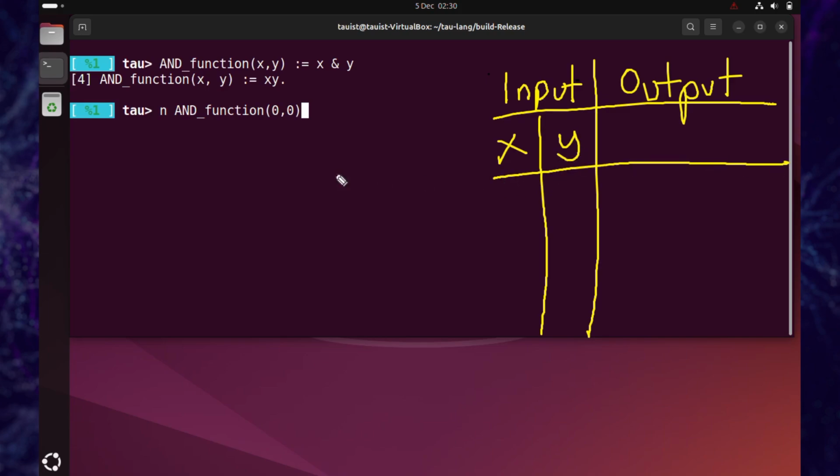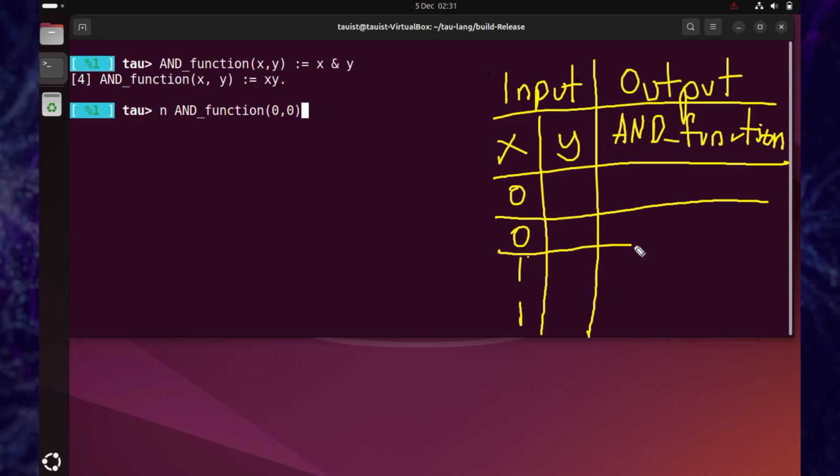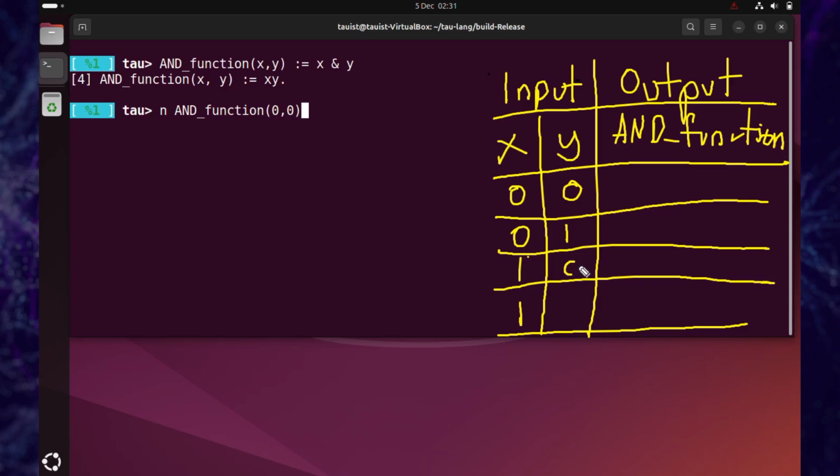And then the output is this function, the AND function. And we need to have 0, 0, 1, 1. Let's put this. And 0, 1.